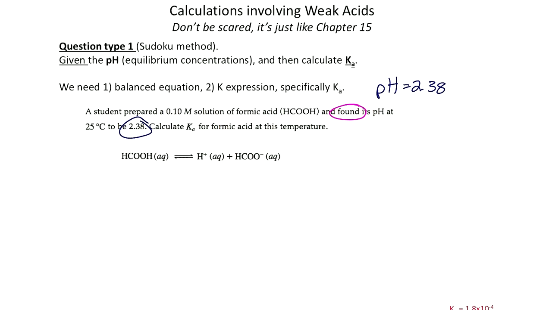We don't find data, we don't find measurements, because it makes it sound like I found it in a drawer, like, oh, there's its pH, it's under here, I found it. I hate that word. We don't find measurements. We don't find data. It would sound so much better if I wrote that this student measured its pH and it was 2.38. Doesn't it sound so much better?